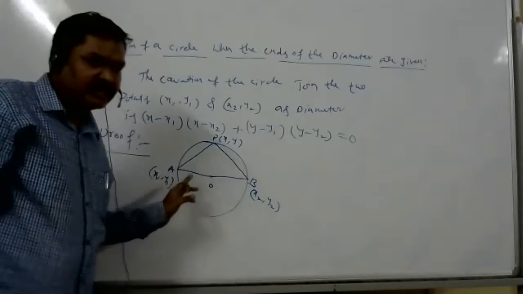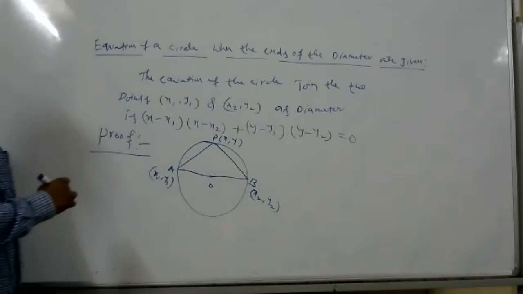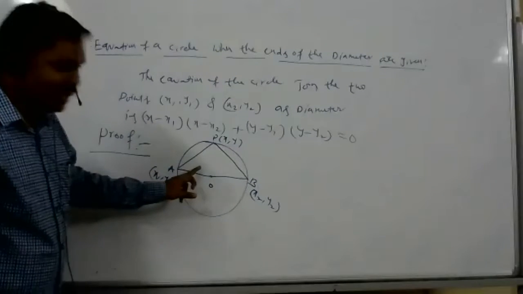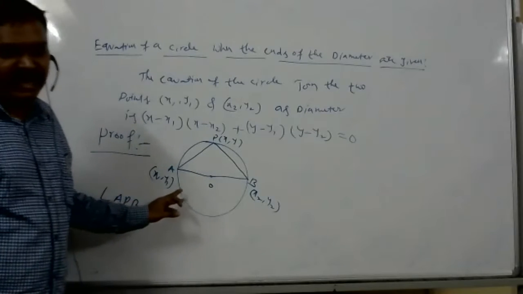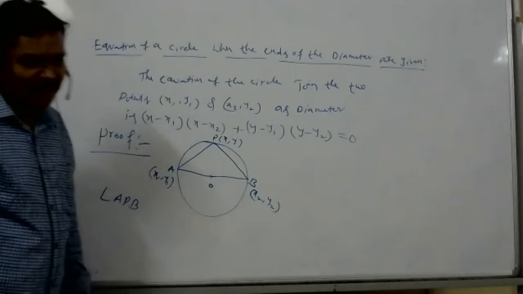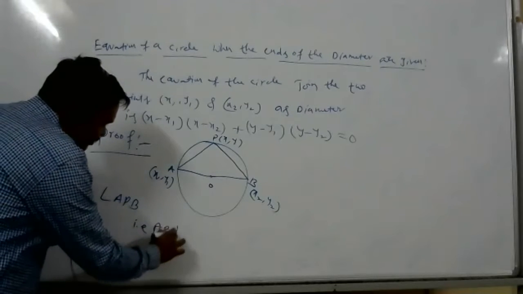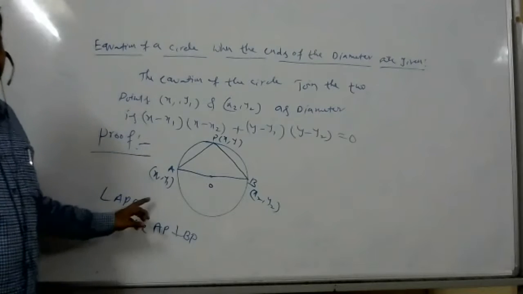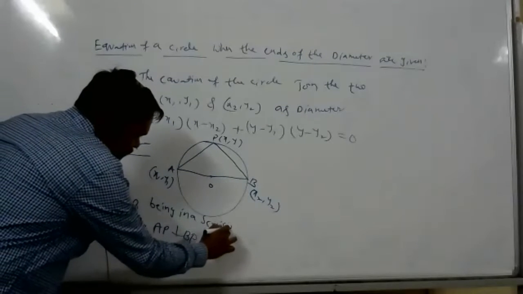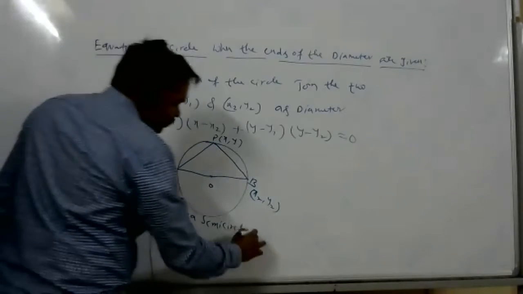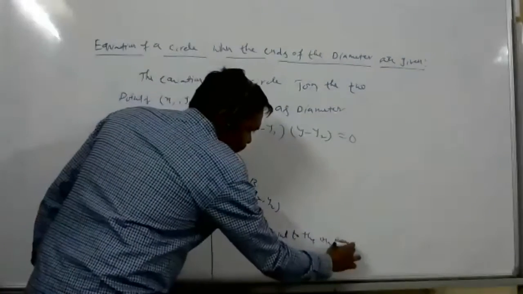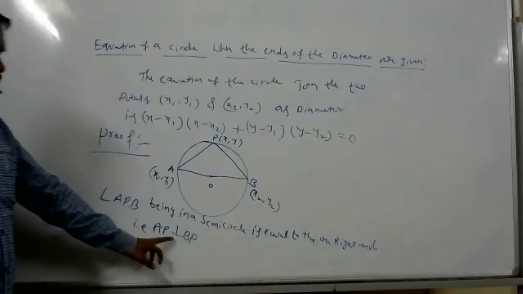Angle APB in a semicircle is equal to one right angle, 90 degrees. That is, AP is perpendicular to PB.